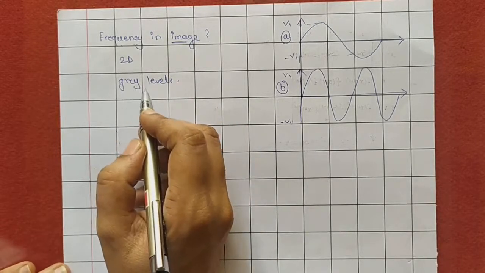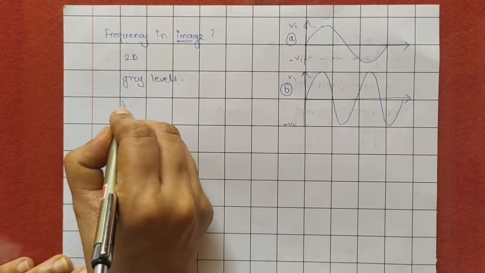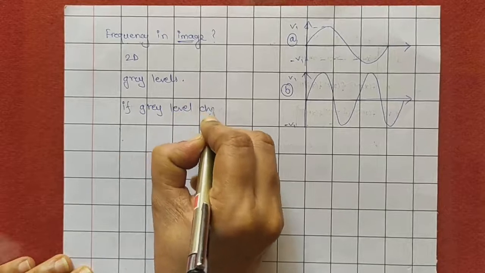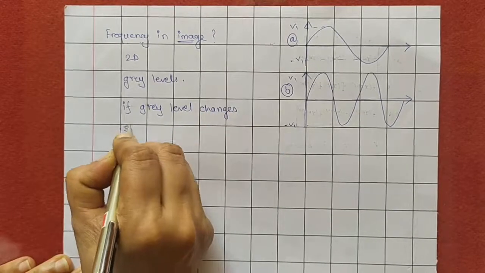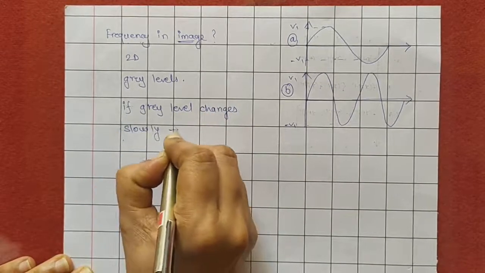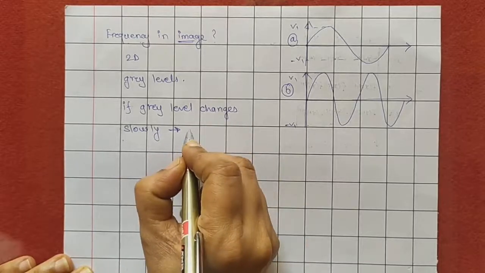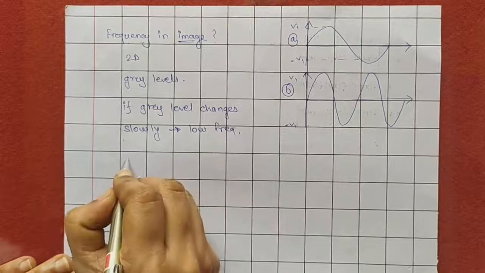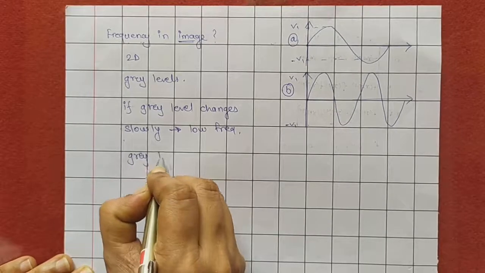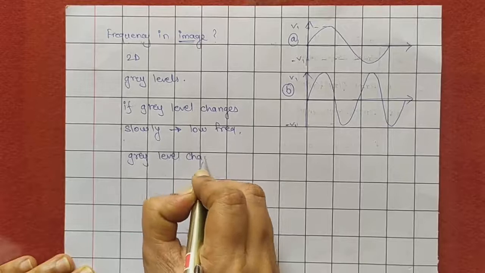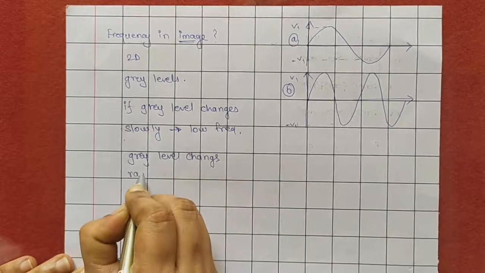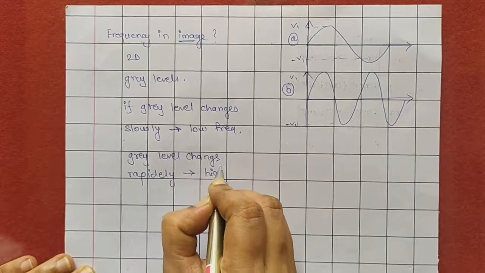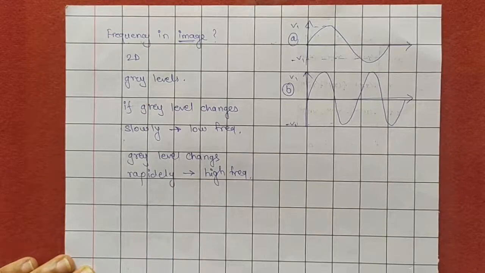If the gray level changes slowly, it is considered as low frequency, and if the gray level changes rapidly, it is considered as a high frequency region.